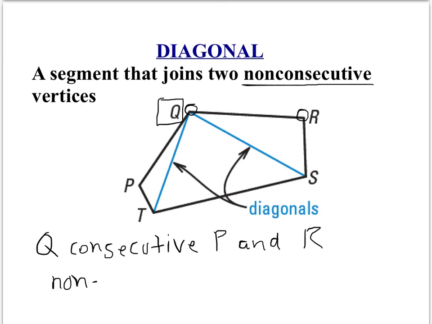So the non-consecutive ones, and we're still talking relative to Q, would be T and S. So it's a segment that goes from the non-consecutive vertices.